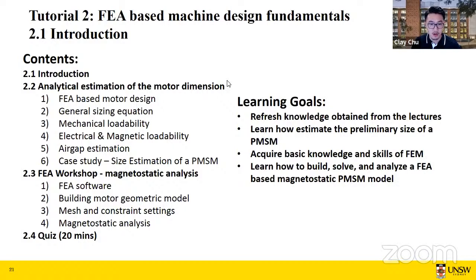We will first go through all of these models and do a quick case study, and then we'll go to the most interesting session of today's tutorial. We'll have an FEA workshop, where I will demonstrate how to use Ansys to design a Prius motor, and we'll solve its magnetostatic performance. This is the content of today's tutorial.